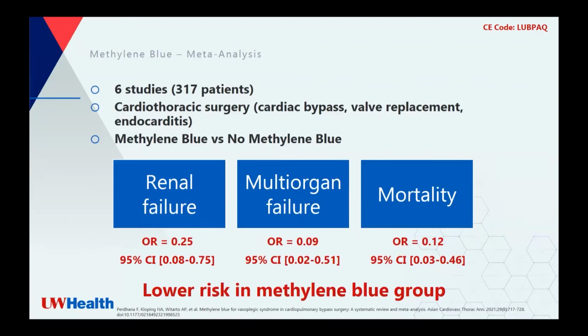So I'd argue that this slide has the more clinically significant data points than just the hemodynamic outcomes alone shown on the prior slide. This meta-analysis suggests that methylene blue may have some benefit in this cardiothoracic surgery population.